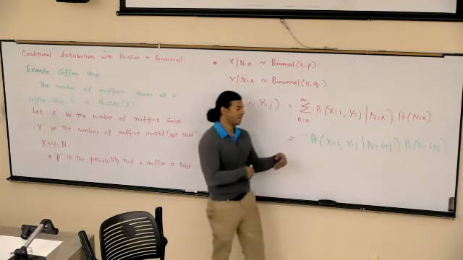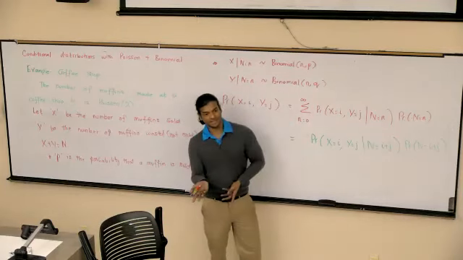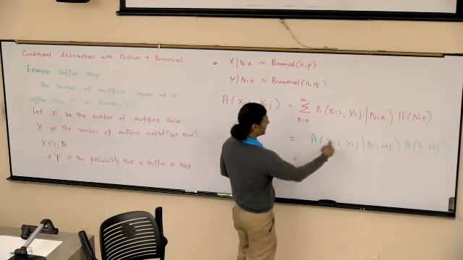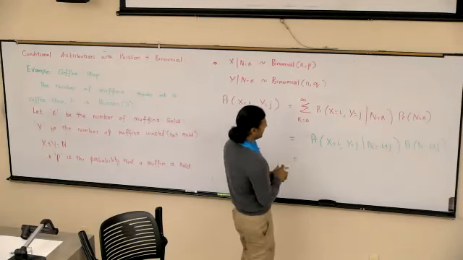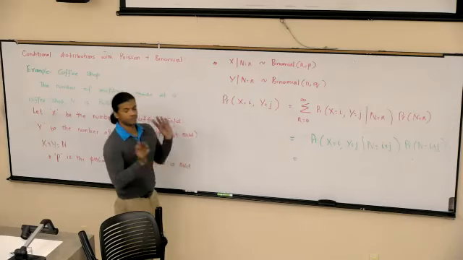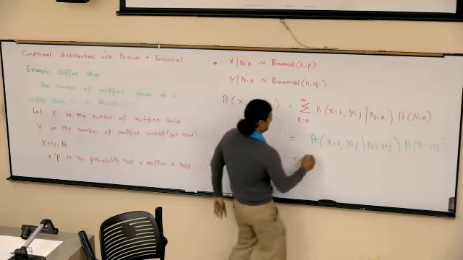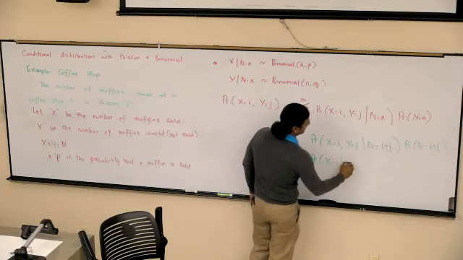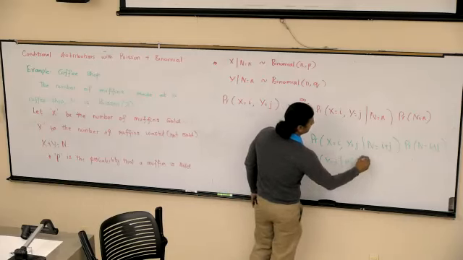If one is x, the other is going to be n minus x. So I could simply write it as probability of x equals i, given n equals i plus j.